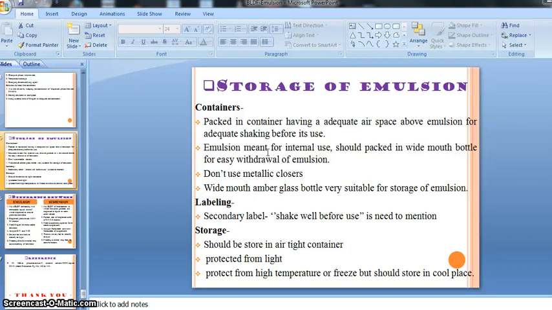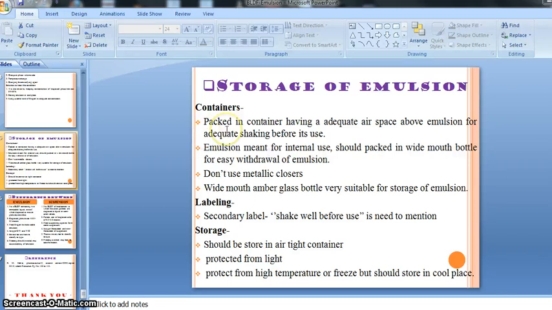We know that all preparations are packed in a suitable kind of container, right? This is a biphasic liquid dosage form, and we don't pack this solution into a saline bottle, or a bag, a sealed bag, right?